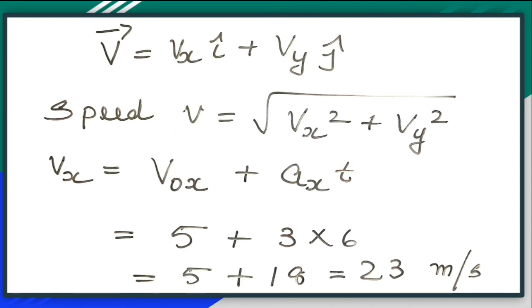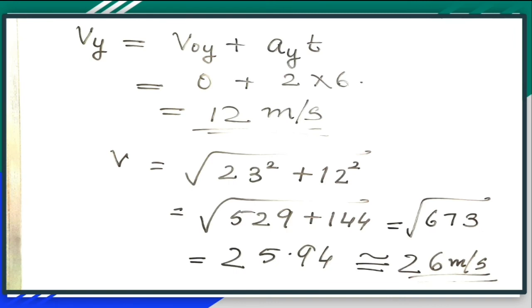So substituting, we have 23 meter per second as vx, and vy also we need to find. Vy is v0y plus ay t, that is 0 plus 2 into 6, that is 12 meter per second.